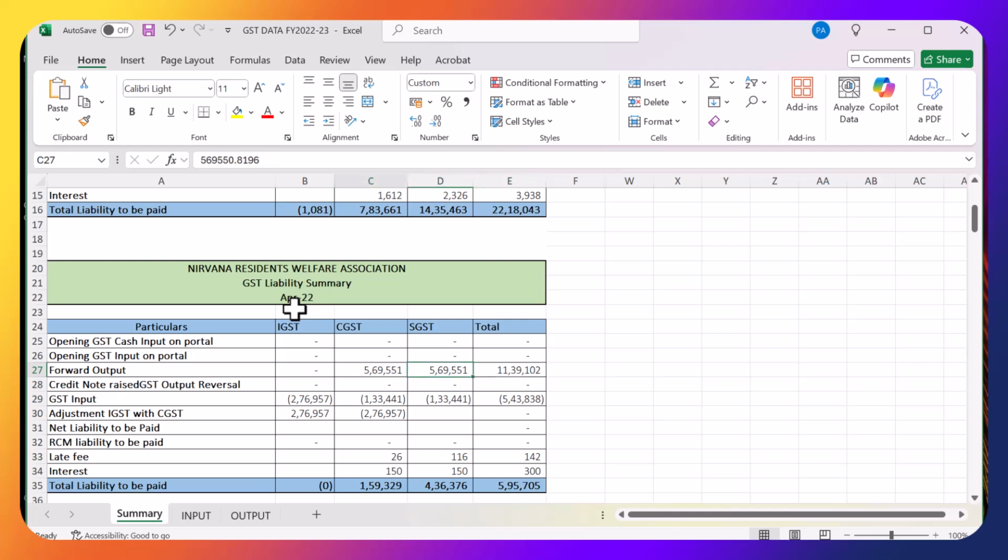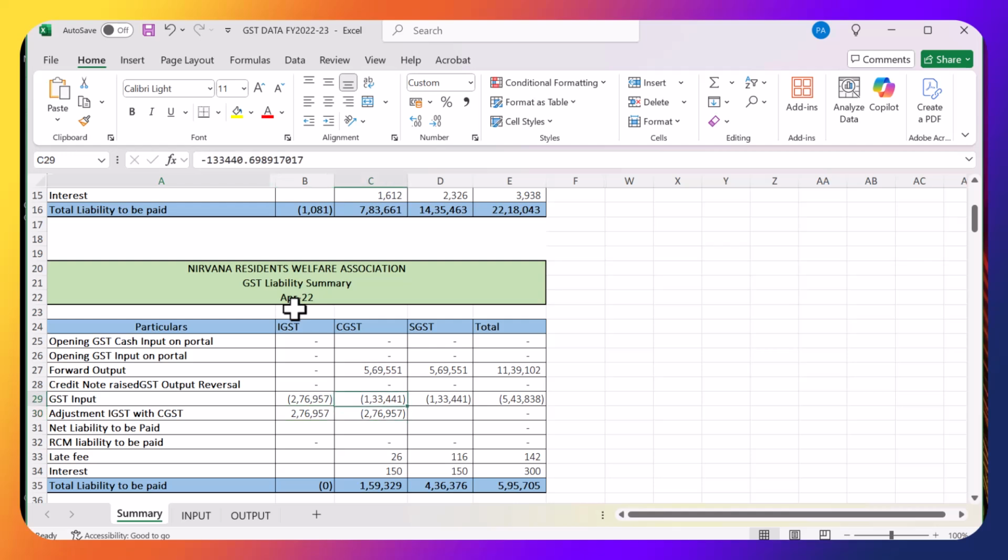Then we had some IGST credit, so we utilized that against the CGST, and the balance we paid. So this is the adjustment of IGST with CGST.